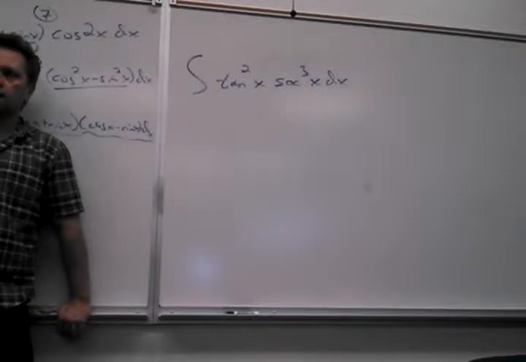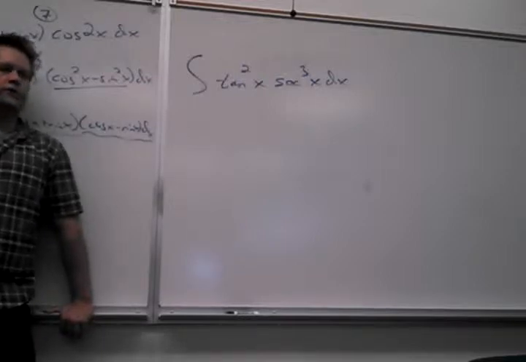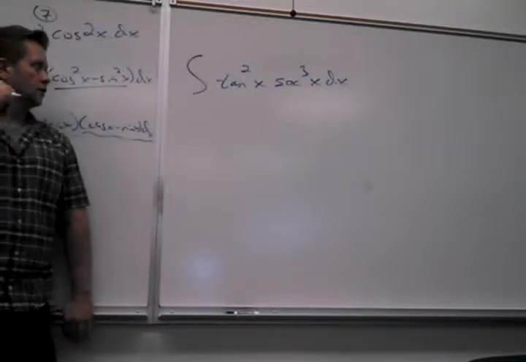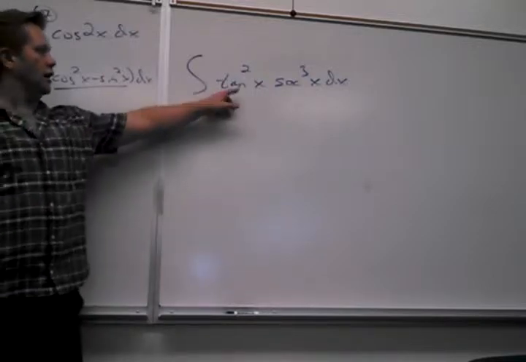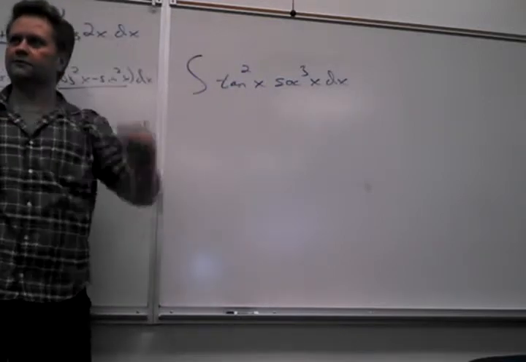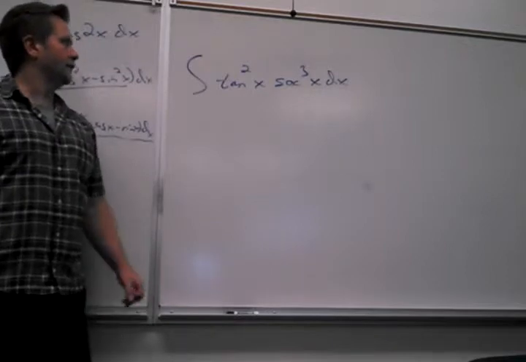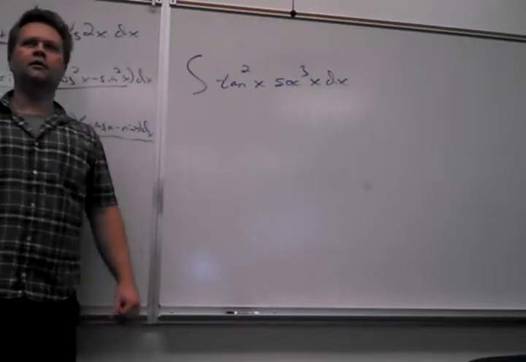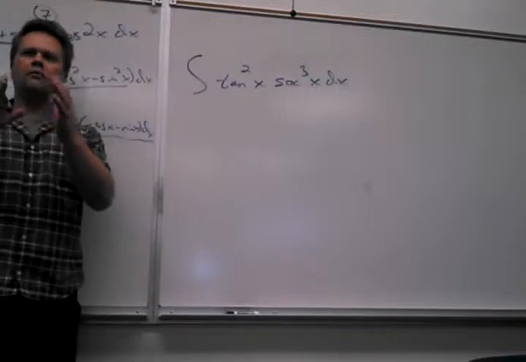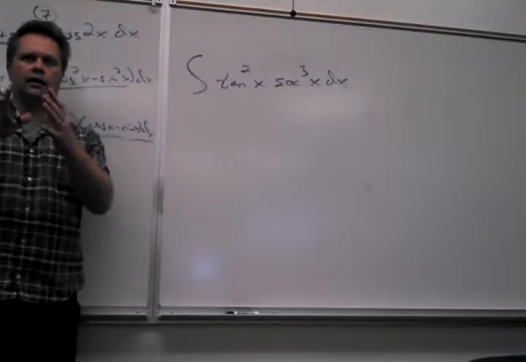So if I let u equal secant, which is kind of what I heard you say, the derivative of secant is tangent secant, right? So if I do that, how many tangents do I have left? One. But that's the kind of thing you start to think about; I don't try to memorize this stuff. I try to attack it as it is.